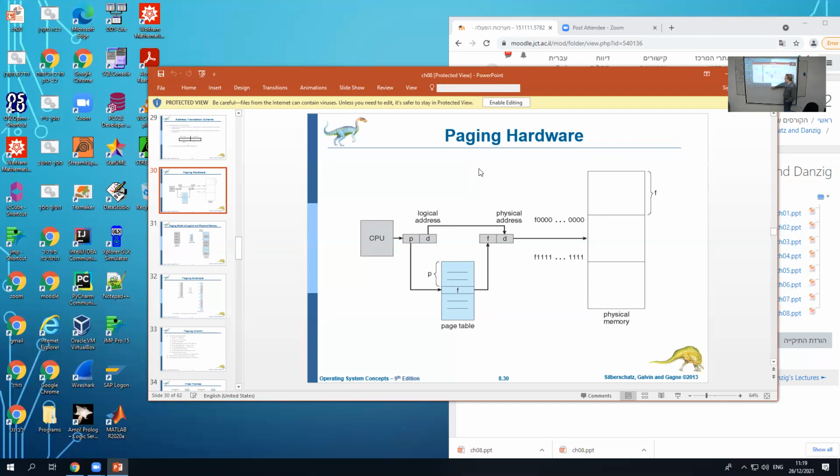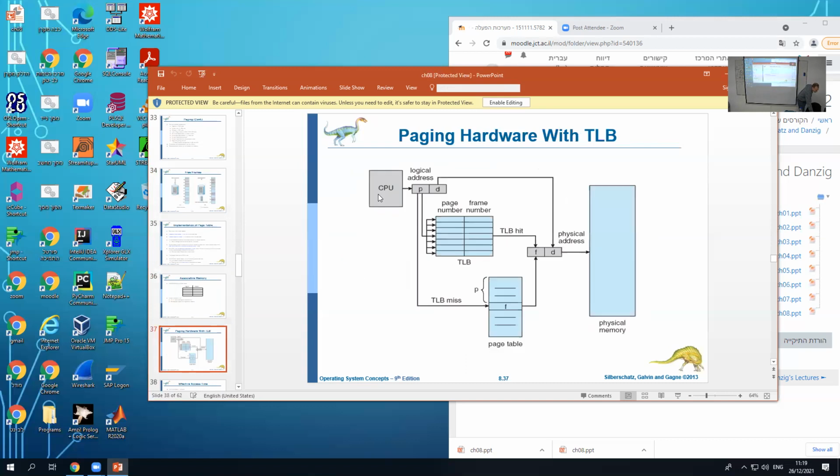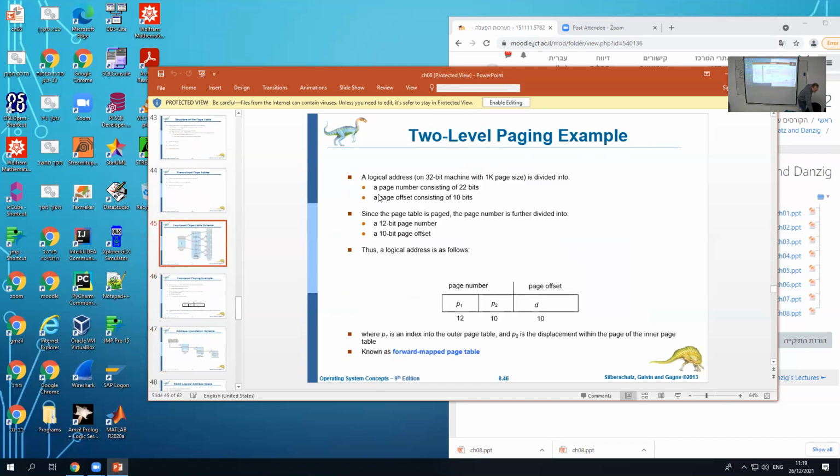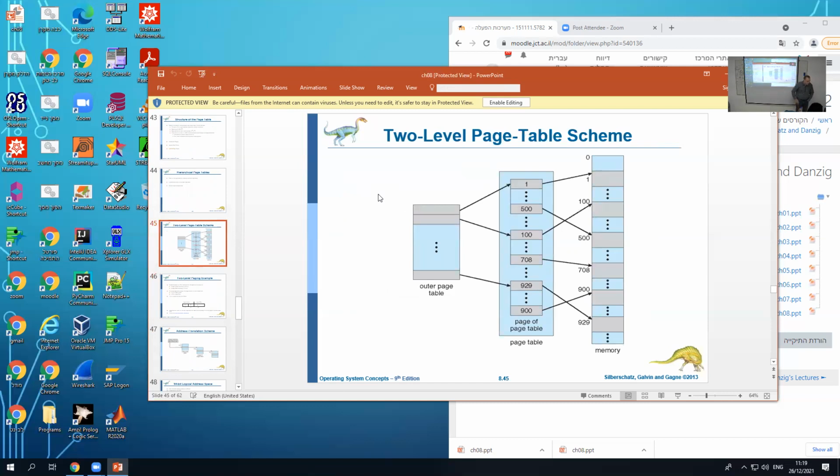It's a jump down or a jump up, so I need to know how much to jump. And that's this picture here of a page table. I'm applying the same concept of paging to the page table itself.